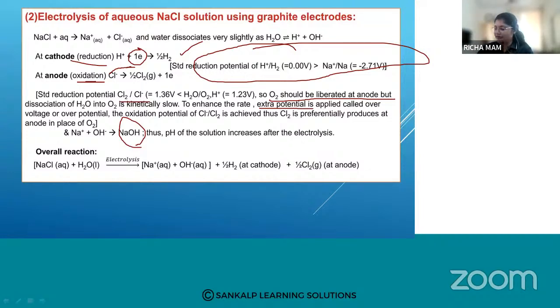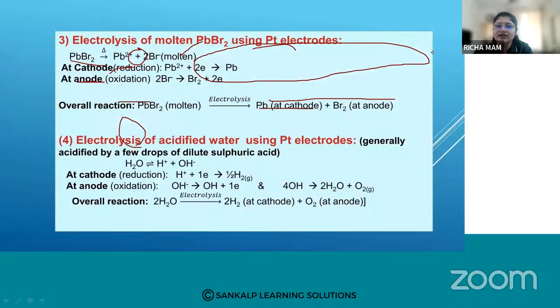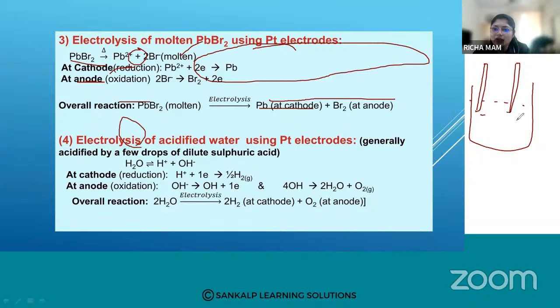If I consider a beaker with two electrodes, and I have NaCl, when I add it in water, Na plus and Cl minus ions split, and water splits into H plus and OH minus ions.